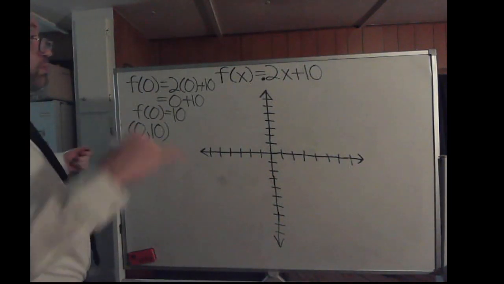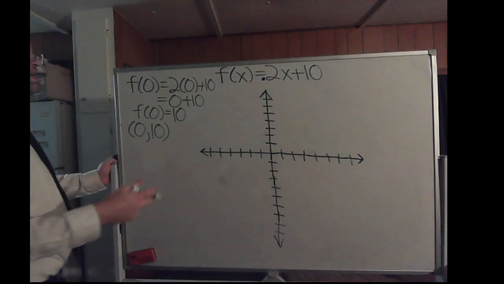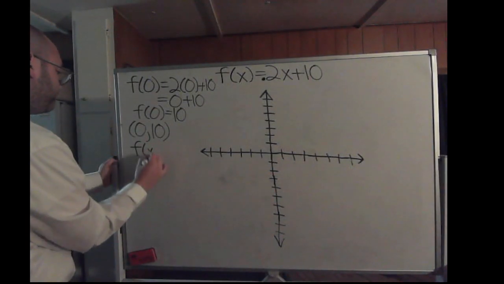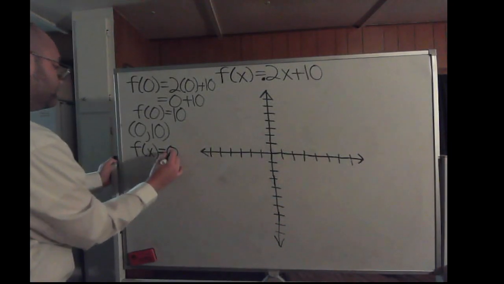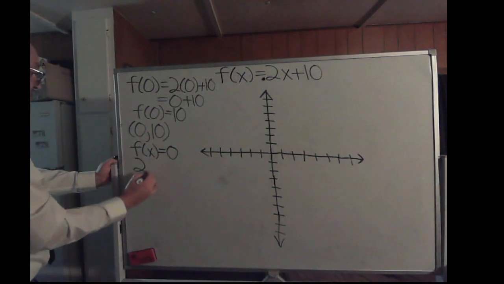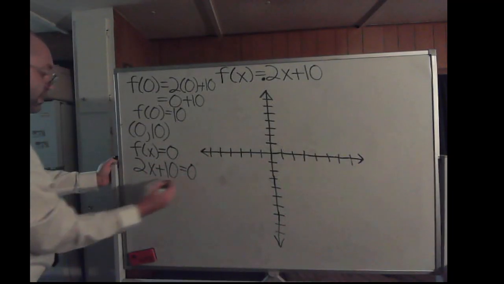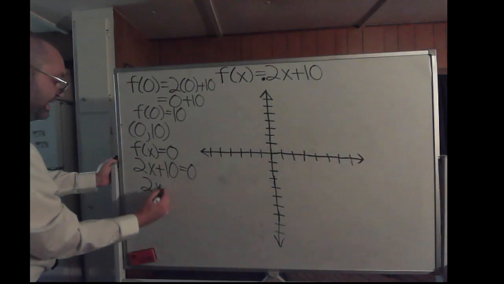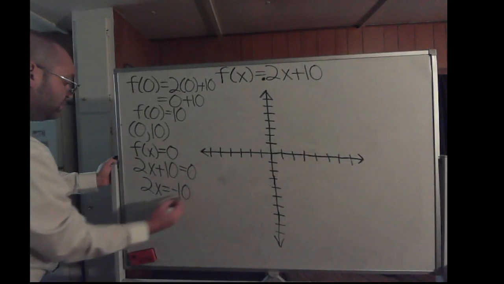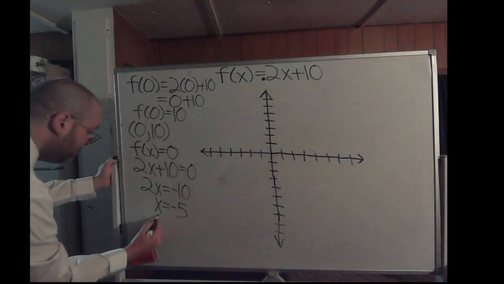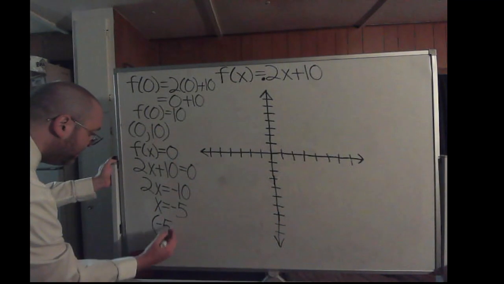And now we want to find the x-intercept by setting f of x equal to 0. Well, f of x is 2x plus 10. Set that equal to 0. Well, 2x would equal negative 10, which means x equals negative 5. So you end up getting the coordinate negative 5, 0.